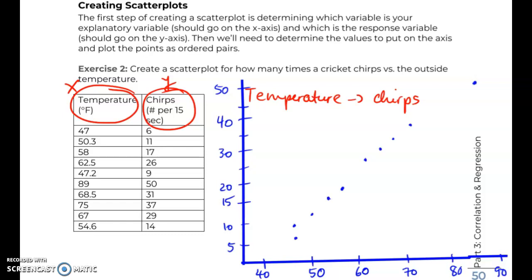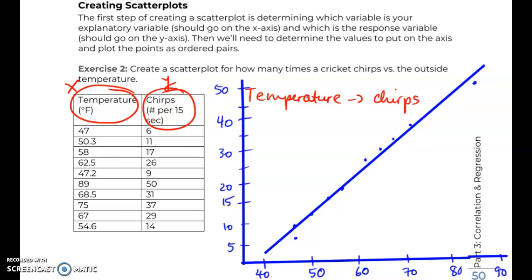So when you're looking at the overall trend, it looks like our trend line follows very much a straight line going right through our data over here. So this is definitely a very good linear model.